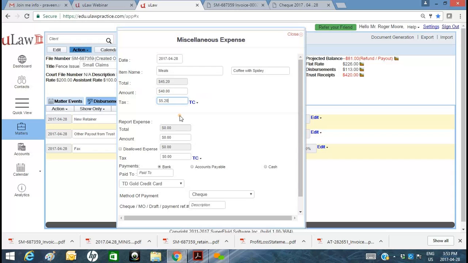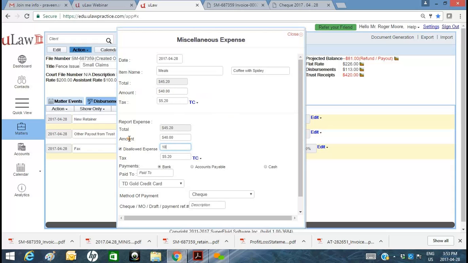Now, let's say you were in a really good mood that day and you tipped. Obviously, Tim Hortons is not a great example, but let's say you went to another local coffee place and you then ended up paying $50, and there was a disallowed expense, which is really the tip. So it's disallowed as part of the miscellaneous because, hey, you're not going to charge your client for the $10 tip that you paid.